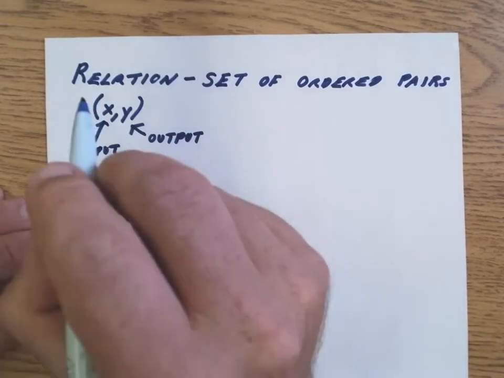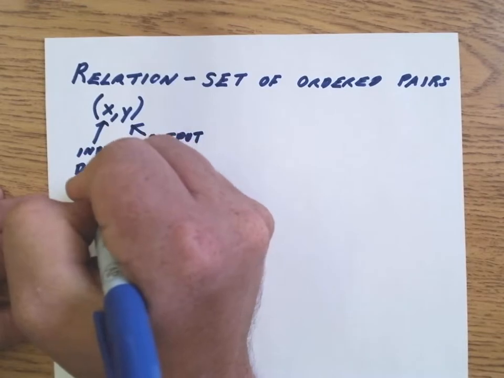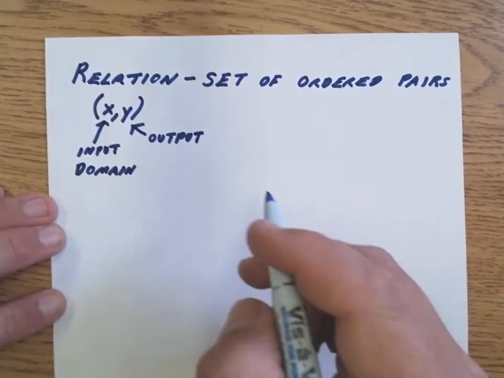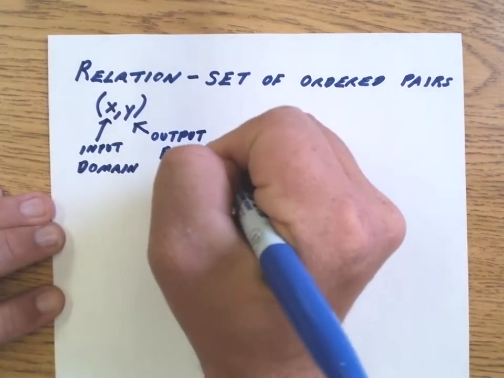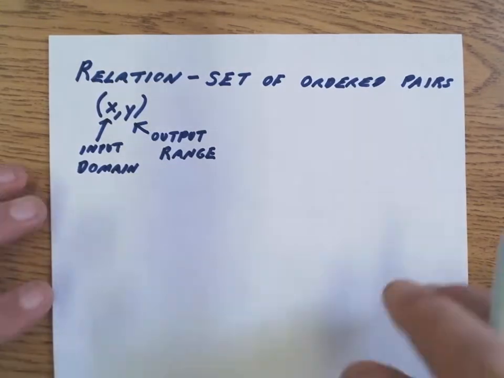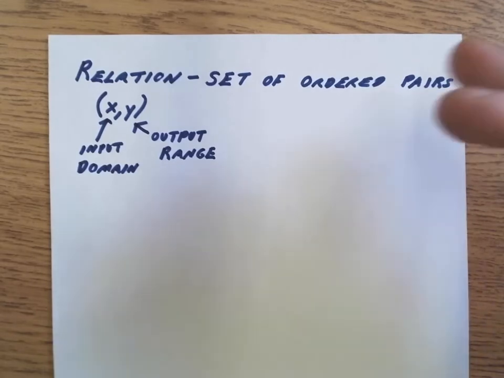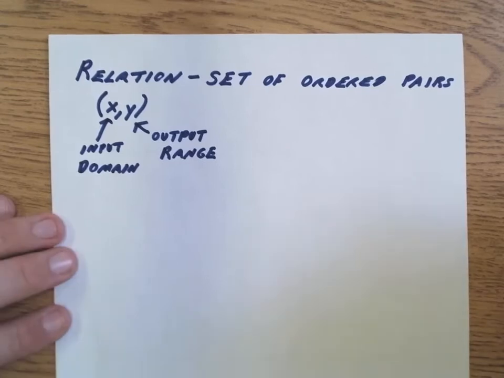Another name we use for the input is the domain, and another word that we use for the output is the range. When we think about ordered pairs, we can think about x and y as inputs and outputs, domains and ranges.